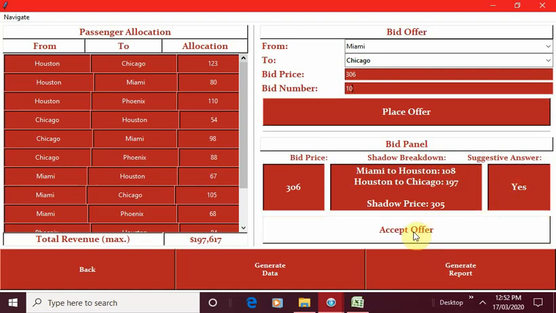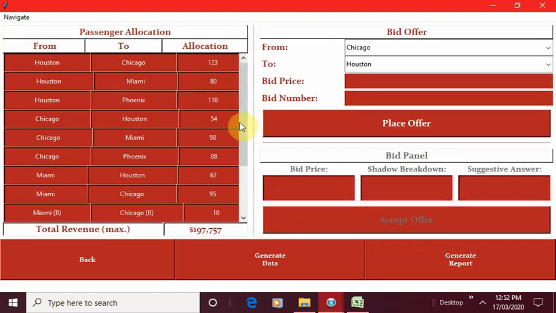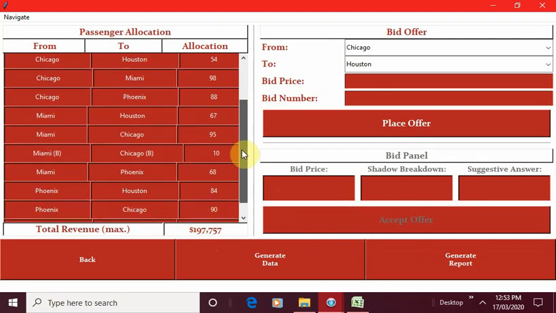Now let's accept this offer and see the changes here in the allocation. So this is the change: 197,757, so $140 has been added for this particular bank, and we'll see the allocations.